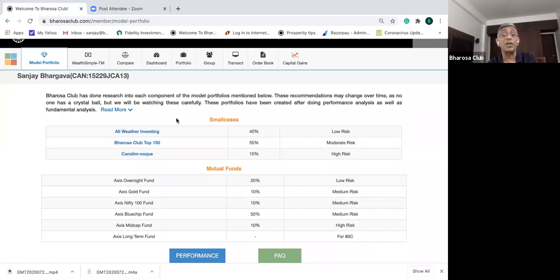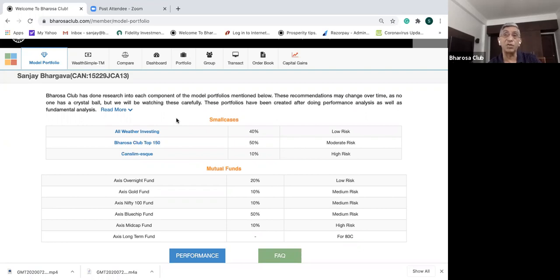So with that caveat, because what we wanted to show was that these model portfolios provide better liquidity because there are no lock-in penalties, and that they also have good performance and are also tax efficient. So as far as taxes, if you do not redeem any of these, you do not pay taxes.